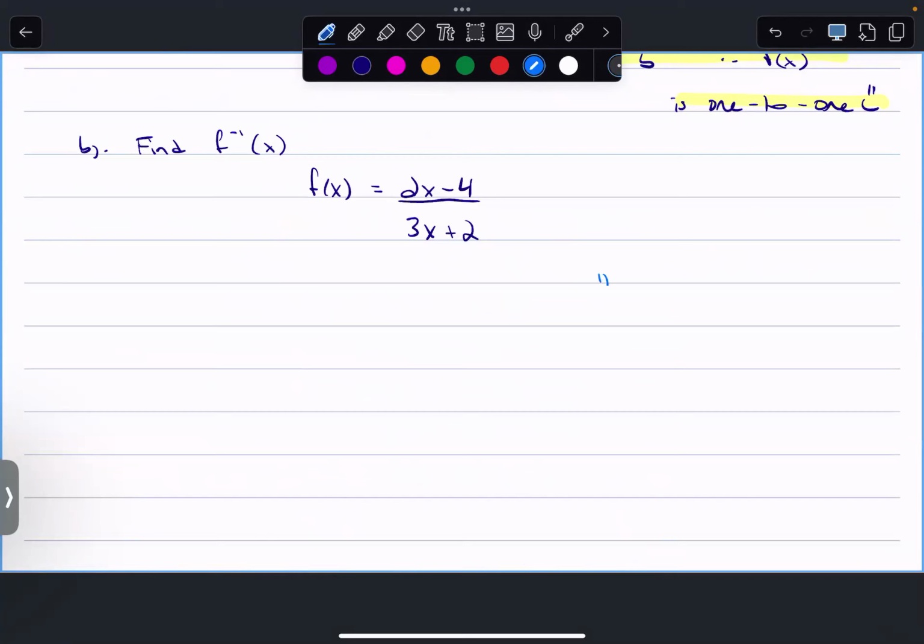So step 1, set y equal to f of x. You don't have to write out the steps. Those are just to help you because it's relatively new. So y is equal to 2x minus 4 over 3x plus 2.